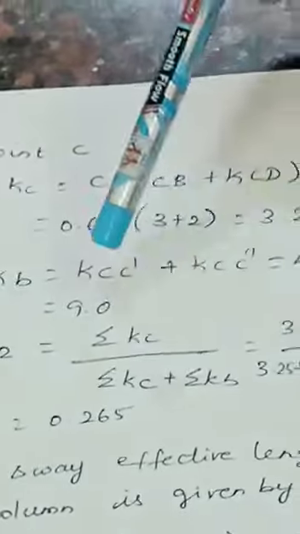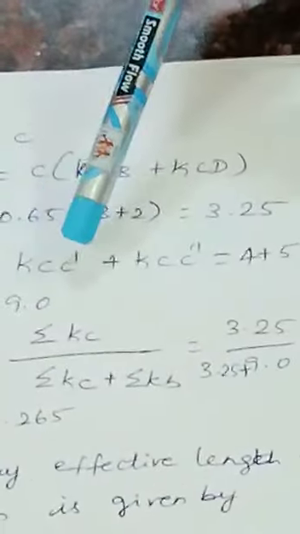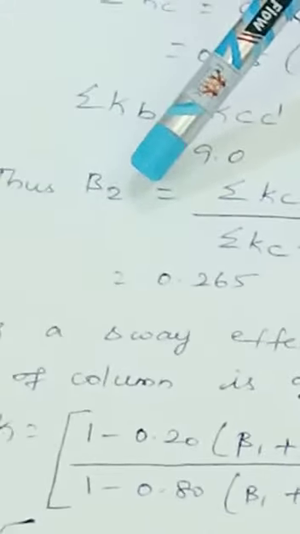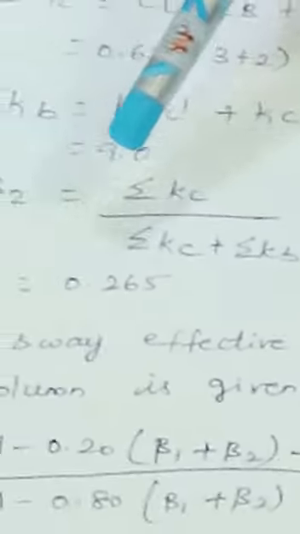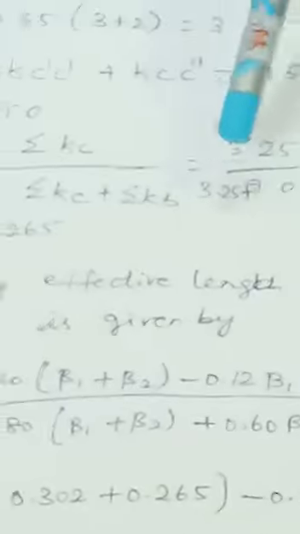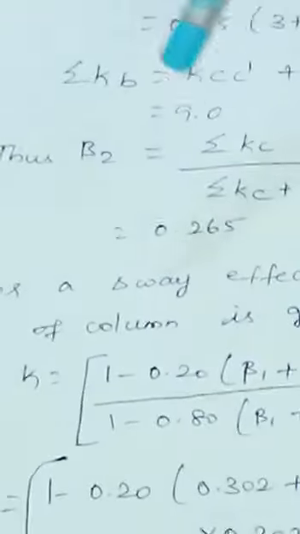The sum of KB is equal to KCC dash, the horizontal beam member, plus KCC double dash, which is 4 plus 5. The connection factor is not included because it is a beam. So again with the same formula, beta 2 as per IS 800 2007 is the sum of KC divided by the sum of KC plus the sum of KB, equal to 3.25 divided by 3.25 plus 9. So the answer is 0.265.